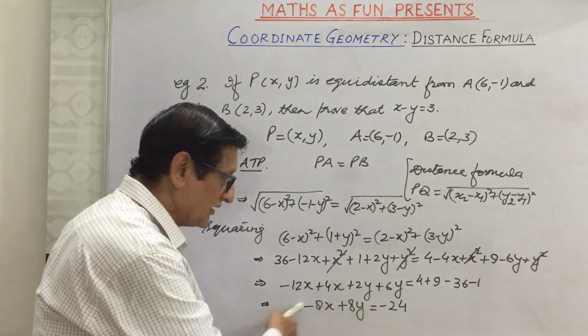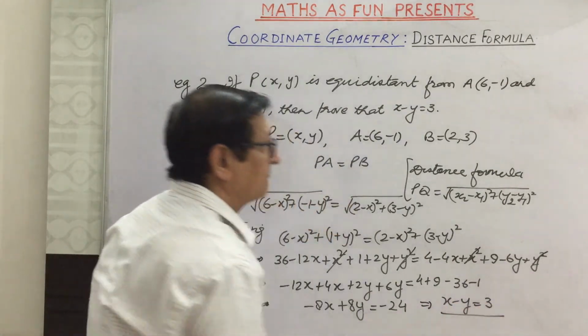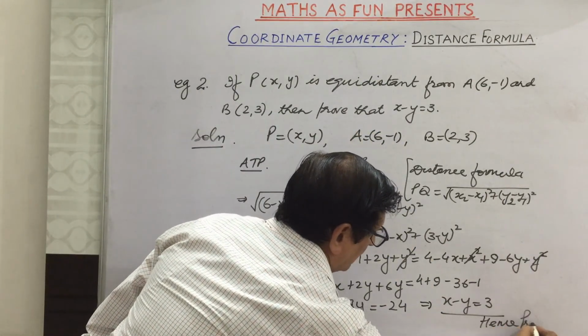If we divide it by minus 8, we get x minus y equal to 3, and we have to prove the same thing, so we can write hence proved.